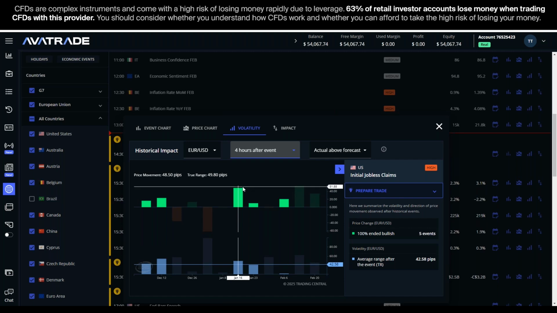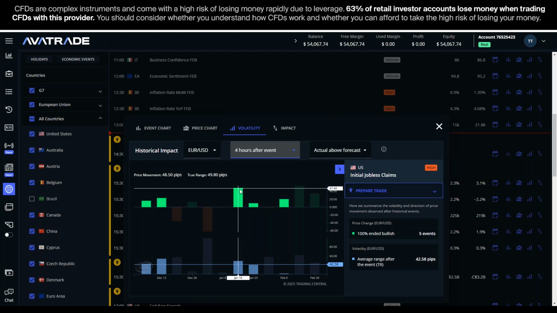The average range movement, now range includes spikes down before they went up. The average range movement's over 40 pips. So clearly these ones must have spiked down in the first 5 minutes, 1 minute, 2 minutes before going up. Otherwise, we wouldn't have an average range movement that's as high as the largest rise.